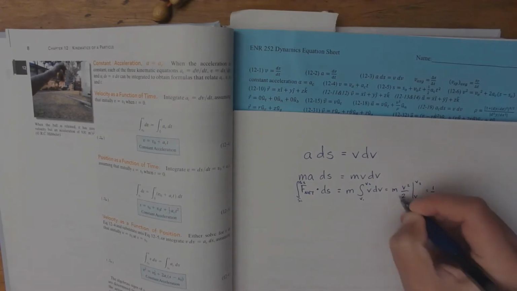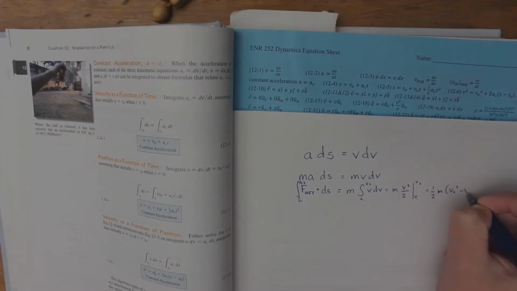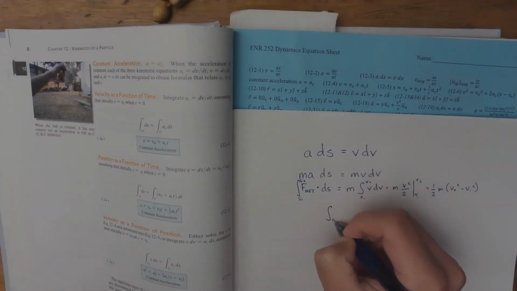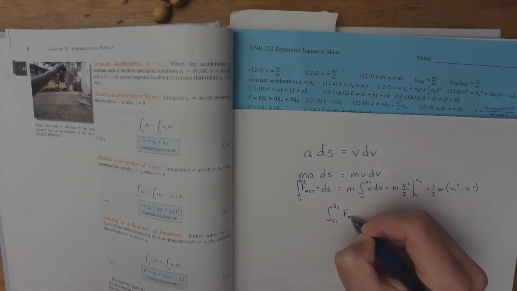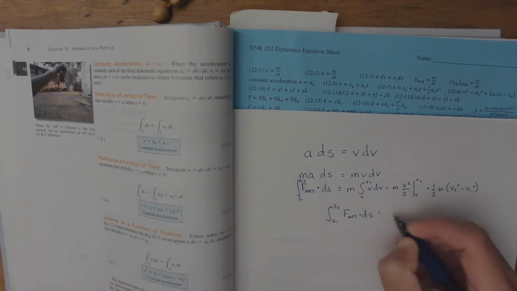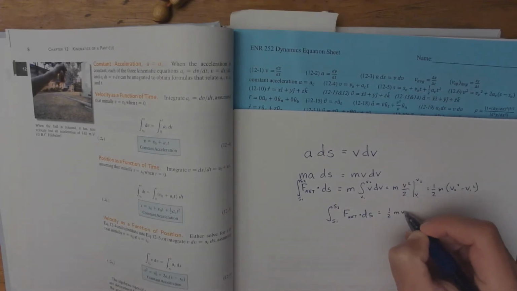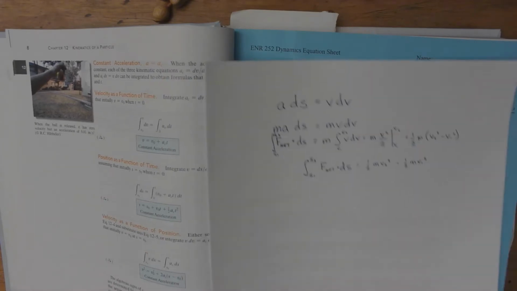So I'm going to pull out the 2 in the denominator and call that 1/2 times the mass, and then this would be v2 squared minus v1 squared, or you could write this as going from S1 to S2, F net dotted with ds, equals 1/2 mass v2 squared minus 1/2 mass v1 squared.